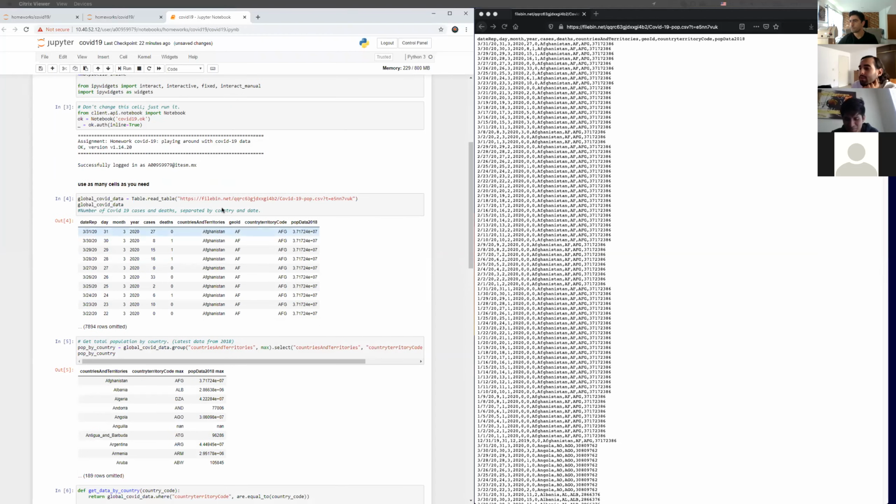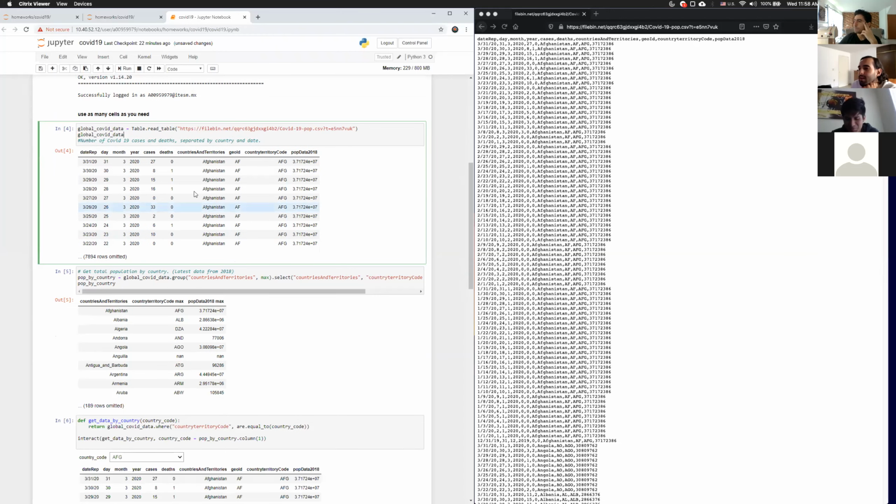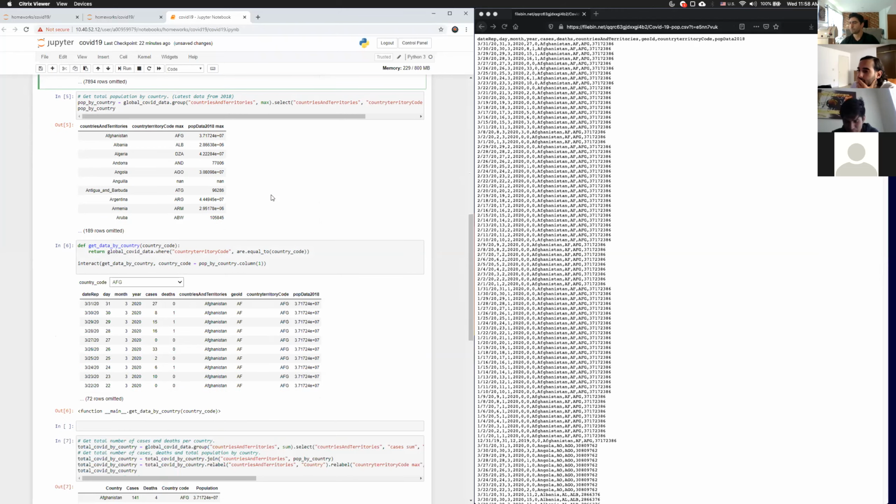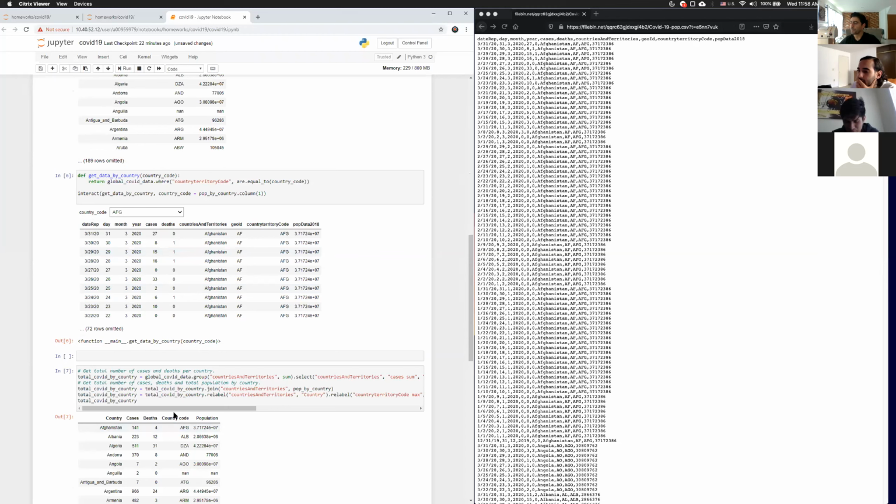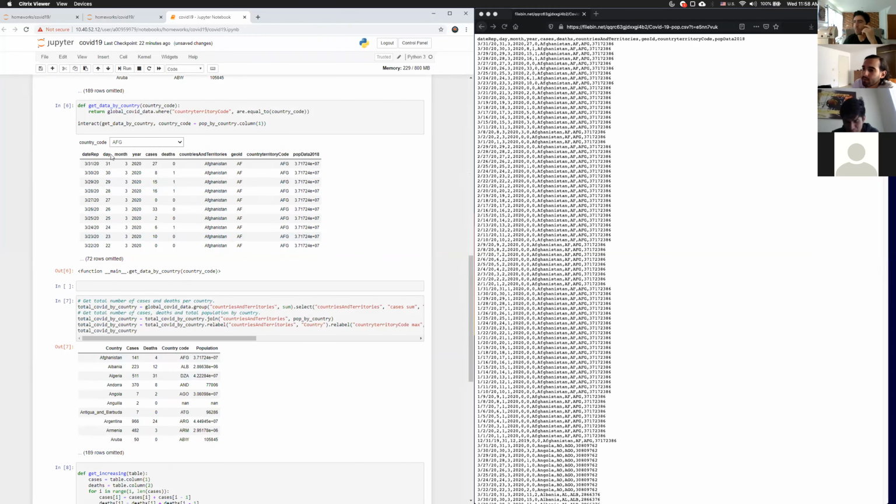Here we get a table. I already loaded it because you need to constantly refresh the link, and we get the number of cases and deaths per day in each city and country. So what we did is get this table, and we get the total number of cases.